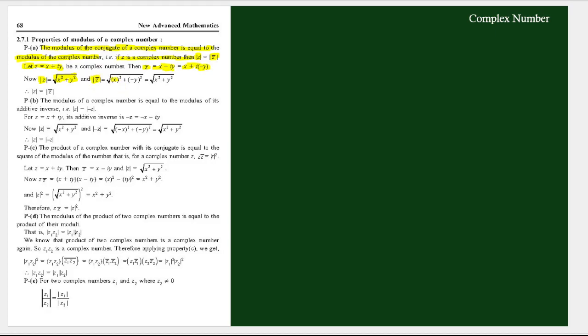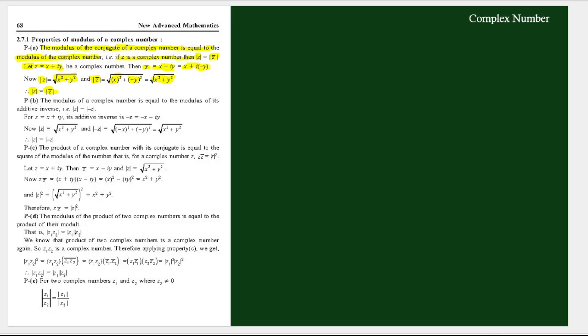Then x squared, and here our y is minus y, so minus y squared. Minus y squared is what? x squared plus y squared, right? So now you see here, modulus of z is root over x squared plus y squared, and modulus of z conjugate is also root over x squared plus y squared. So therefore, modulus of z is equal to modulus of conjugate of z.